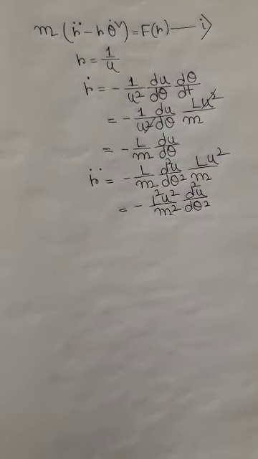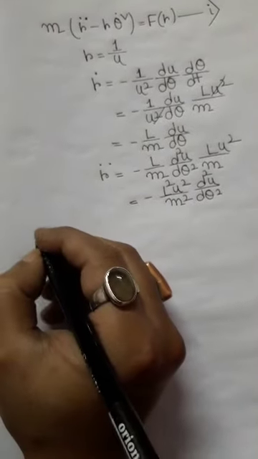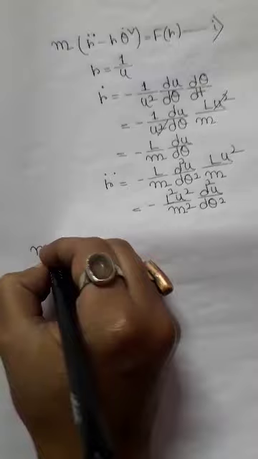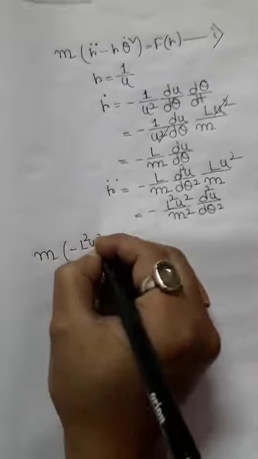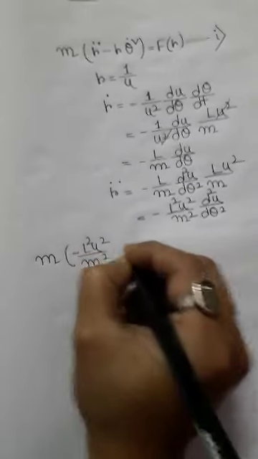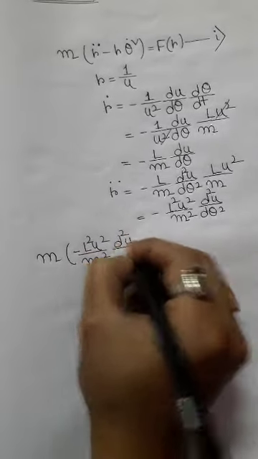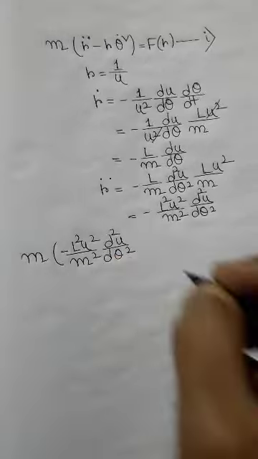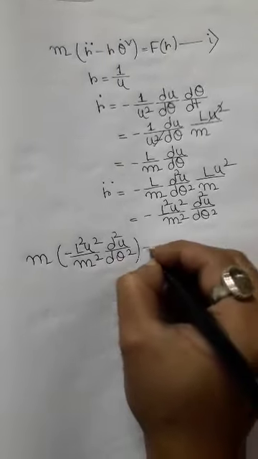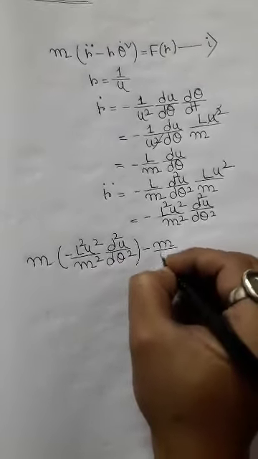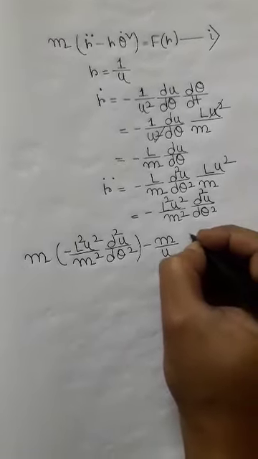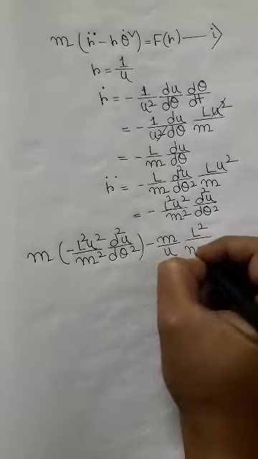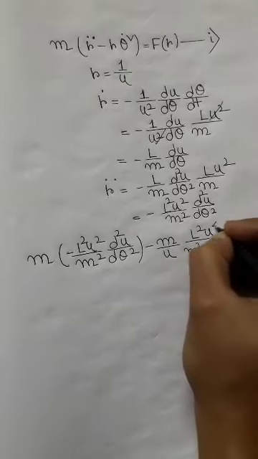Now if we substitute all the values in equation 1, then what do we get? We get m into r double dot, that means minus L square u square by m square into d2u d theta 2, minus m into r, that means 1 by u, and what is theta dot? L by m r square, that means L square by m square r to the power 4, that is u to the power 4.